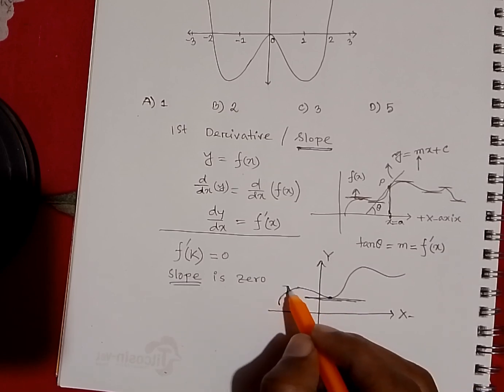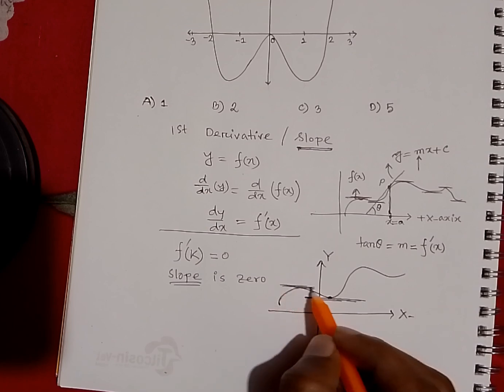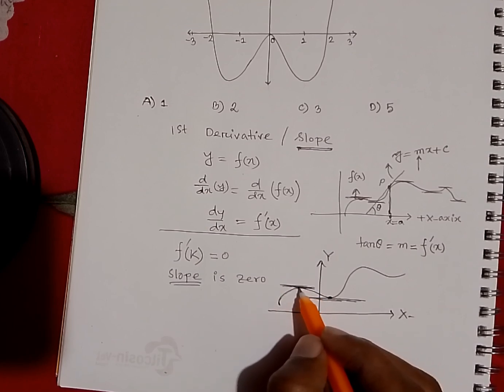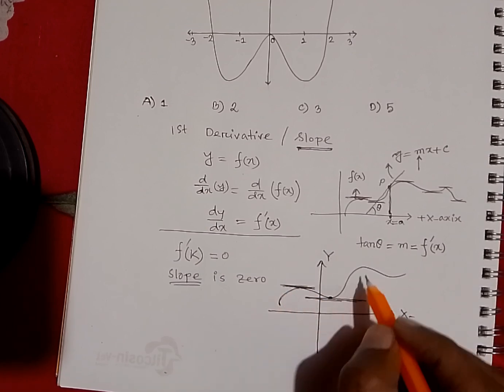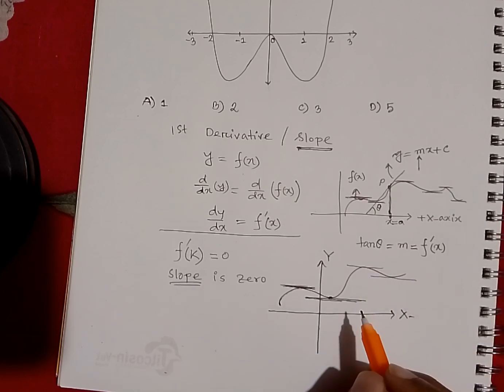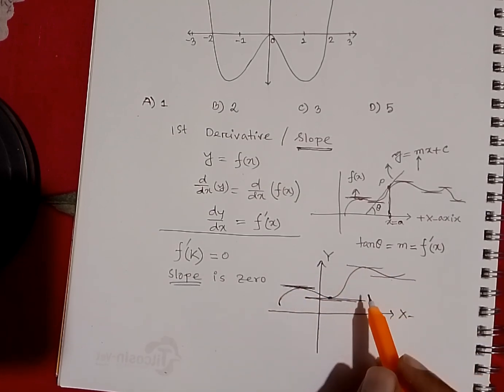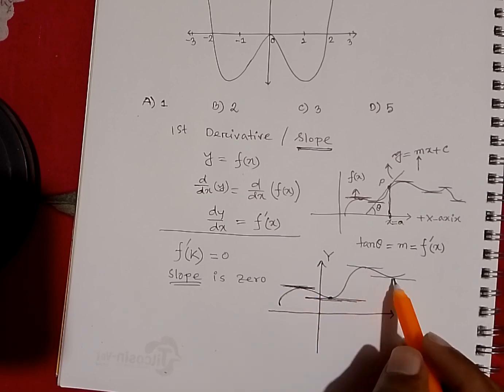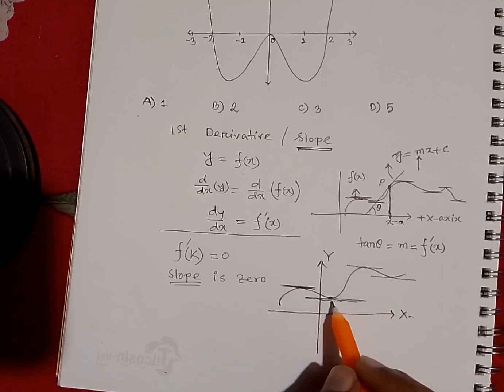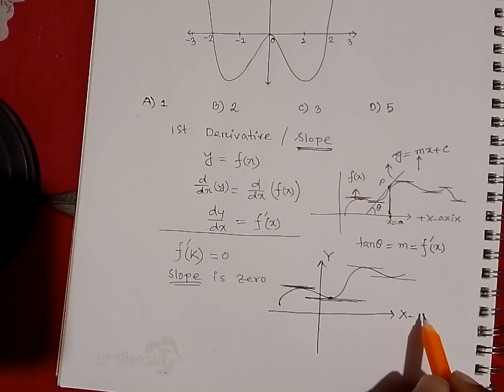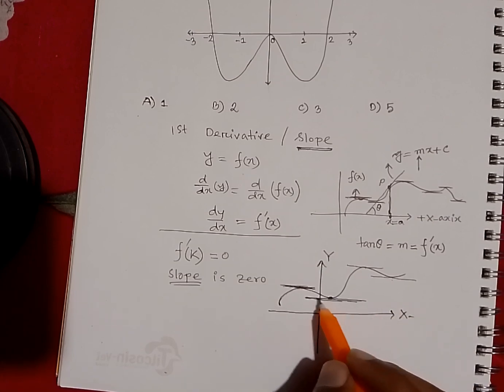So here you can see this straight line is parallel to the x-axis, and at this point it just touches the curve, and also here. So there is 1, 2, 3, 4. So in this curve you have four such points where a straight line parallel to the x-axis touches the curve.